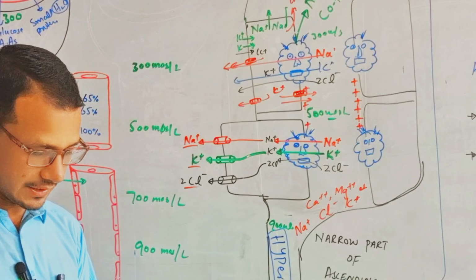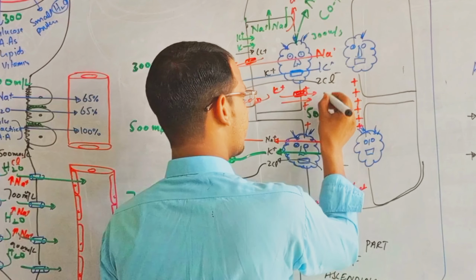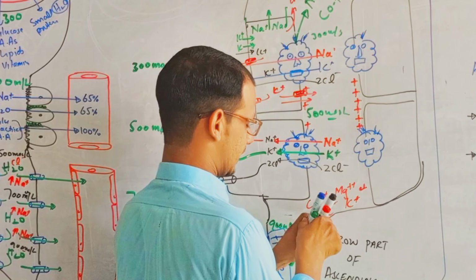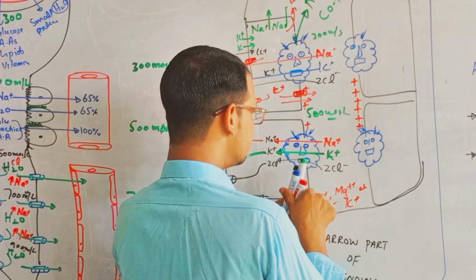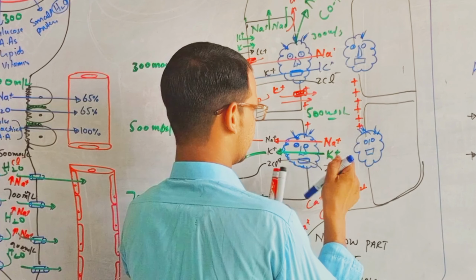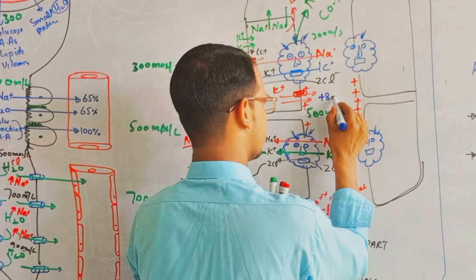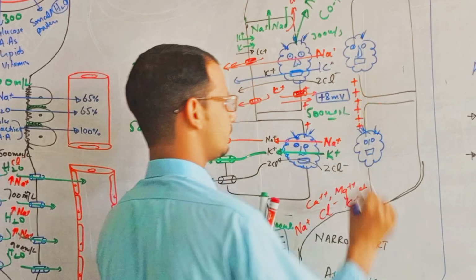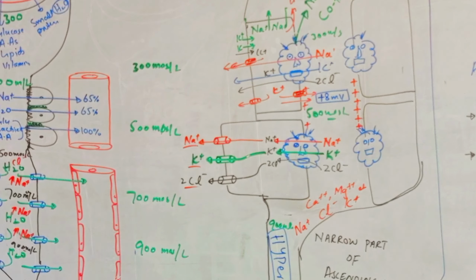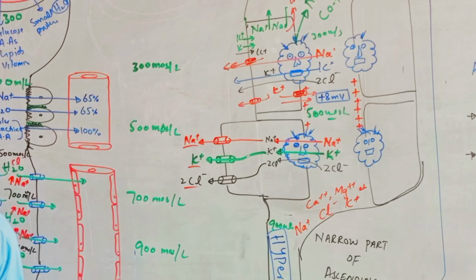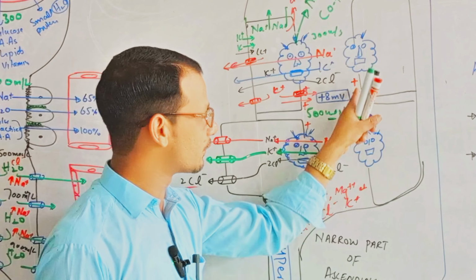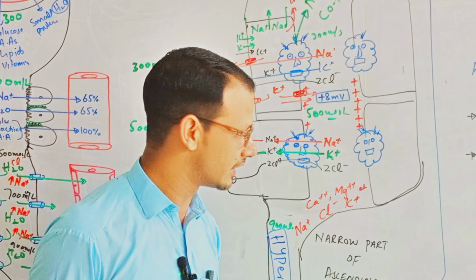Approximately it becomes plus 8 millivolts. The voltage is plus 8 millivolts. It is due to the potassium present in this area.